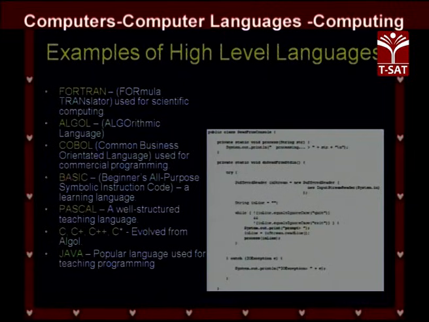All these programming technologies come under high level language. A developer develops a program, and that program will be converted into machine language using a compiler or interpreter. So these are the high level languages.